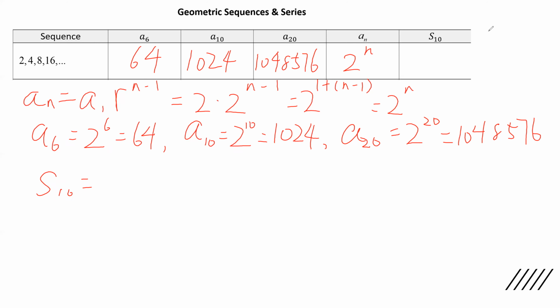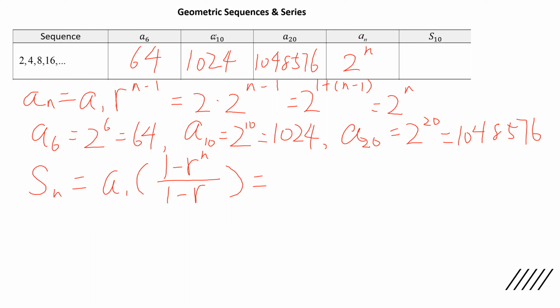So we know the general rule for finding sum sub n for a geometric series will be the first term times 1 minus the common ratio to the power of n, over 1 minus the common ratio r. Okay.